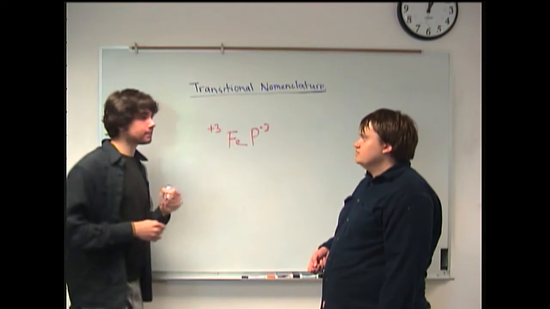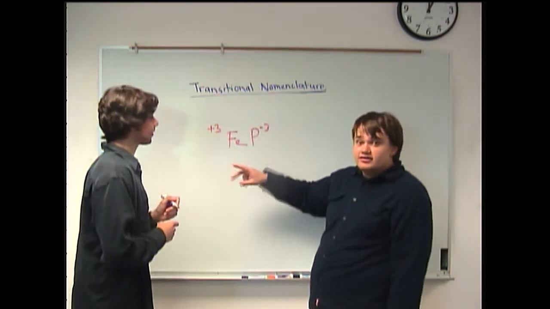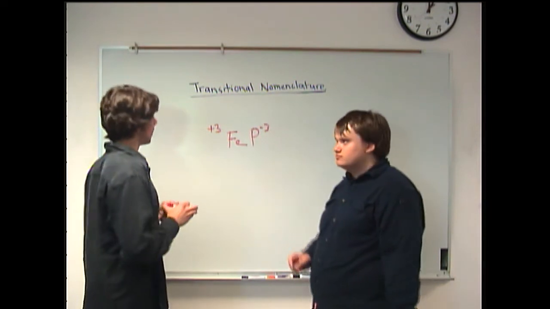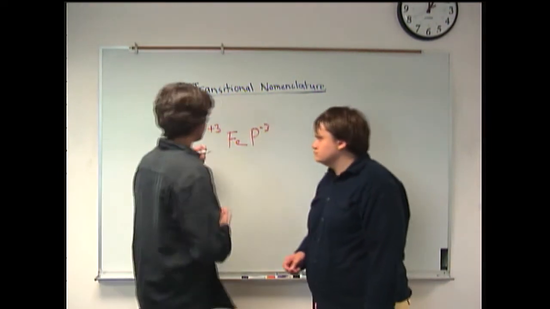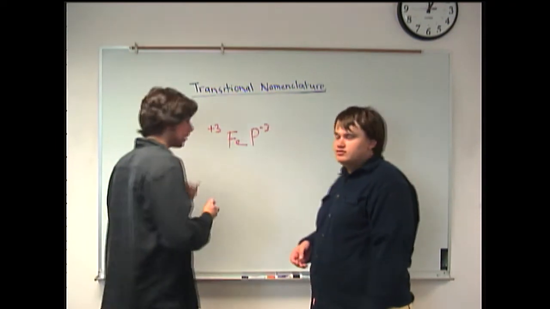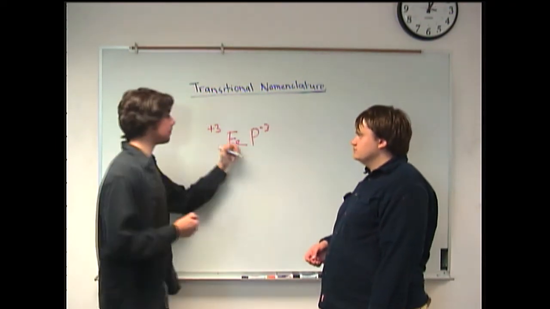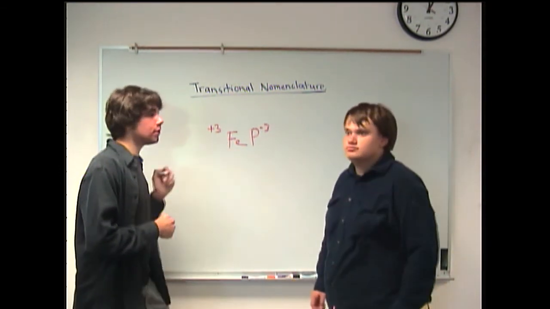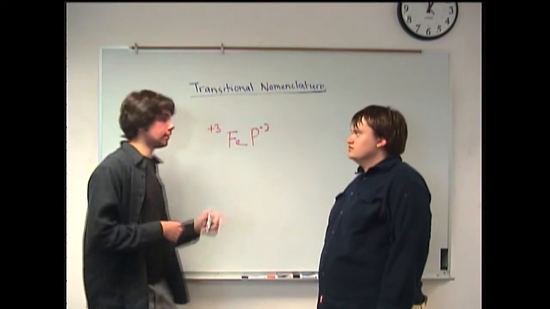Now you said iron has multiple charges. What if we pair it with something like sulfur? That would change it. Let's first write the name of this one, and then we'll get to the one with sulfur. Whenever you name these, going from the chemical formula to the actual name, you use Roman numerals to designate the charge on the metal.